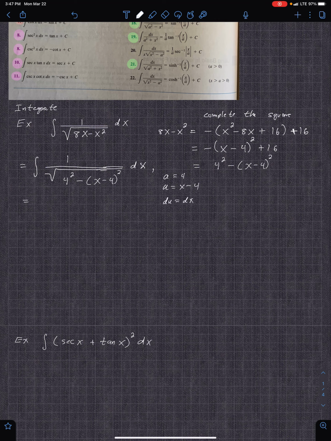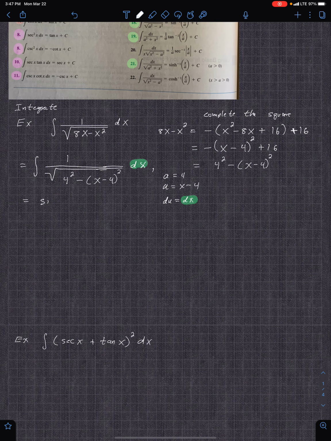Nothing to do with the dx part here, because that's x minus 4. And so that's equal to arc sine, or sine inverse, of u, or x minus 4 over a, which is 4, plus c. So you apply a formula.